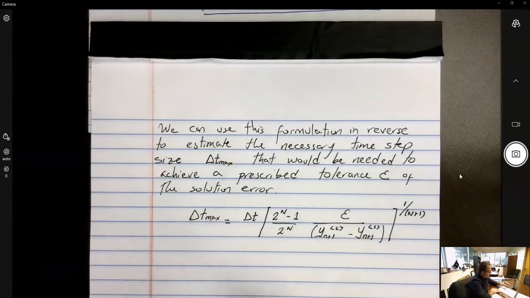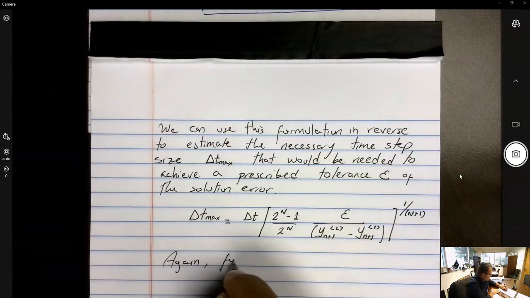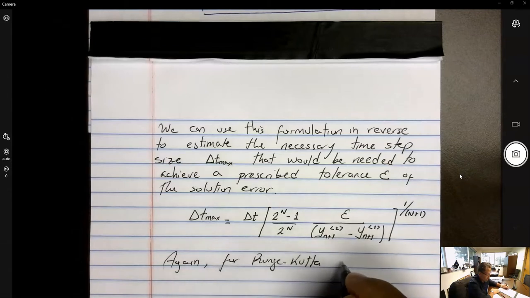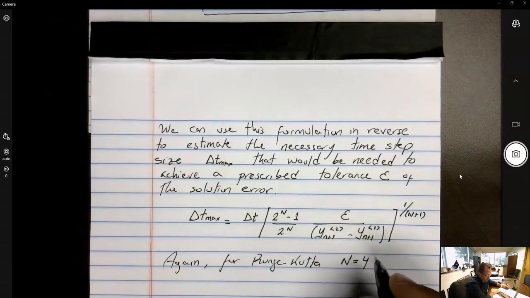So again, n is the order of approximation. For Runge-Kutta, n is equal to 4.